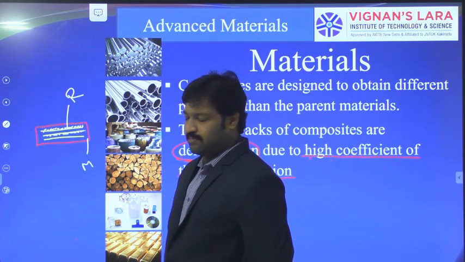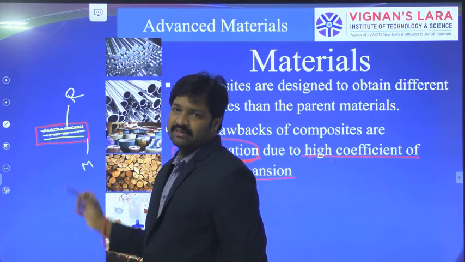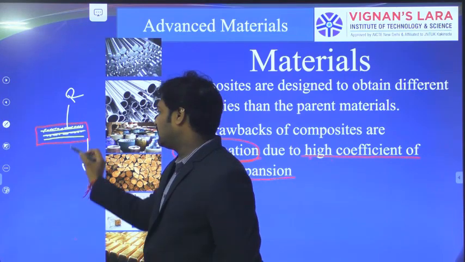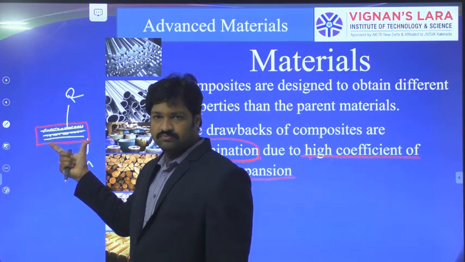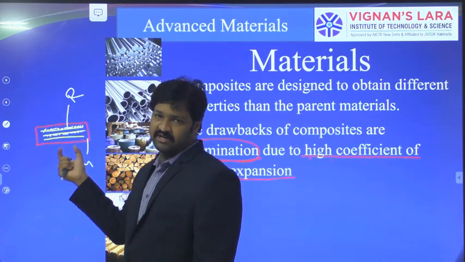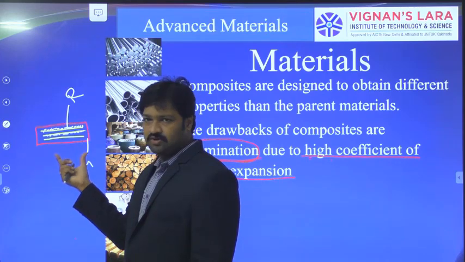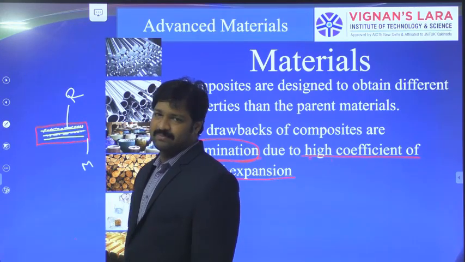So with rising temperature, the fibers want to move more than the matrix material, that means expand. Whereas with reducing temperature, they may contract also. But they are interlinked and bonded with the matrix material.